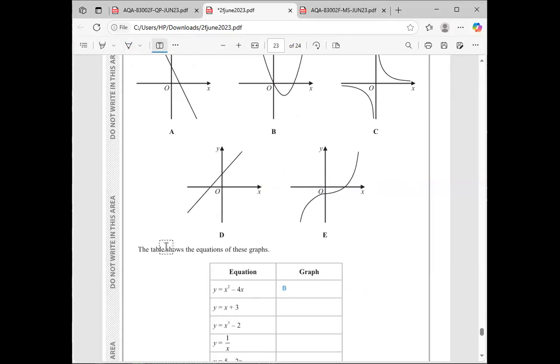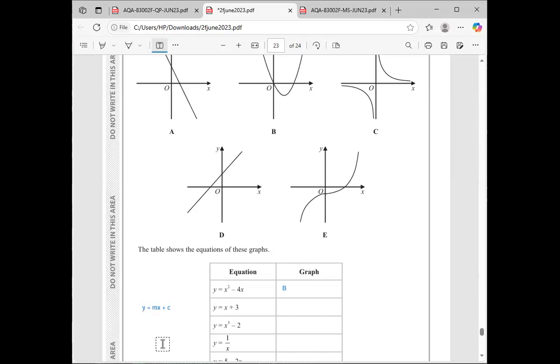Linear equations look like this: y equals mx plus c. What characterizes them is the coefficient of x. That m can be a positive number or a negative number.